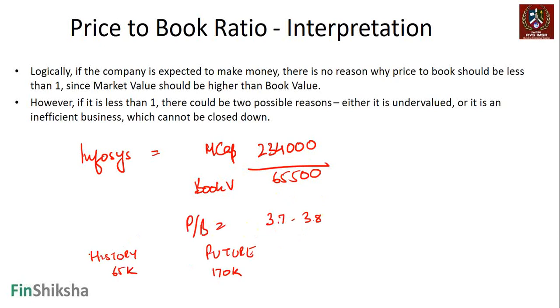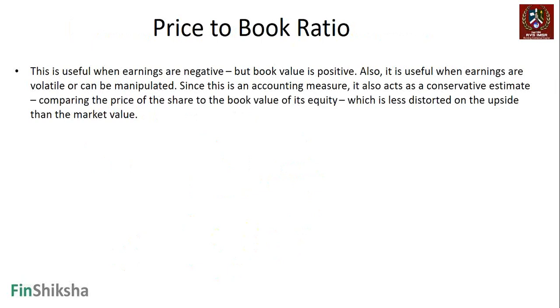That's the sum which gives you the total market value of the company, which is 2,34,000 crore. And that's how you calculate the price to book ratio, right? Just take the market cap, divide by the share capital plus reserves and surplus or book value of equity, and you will get the market capitalization to book value or price to book ratio of the company.